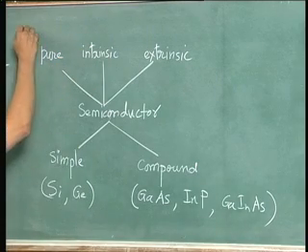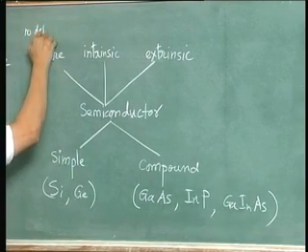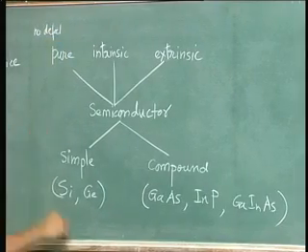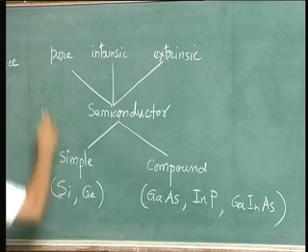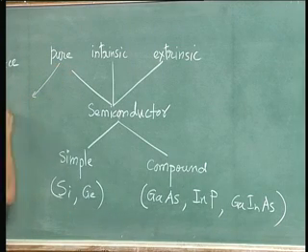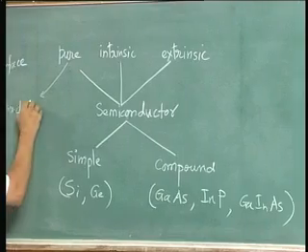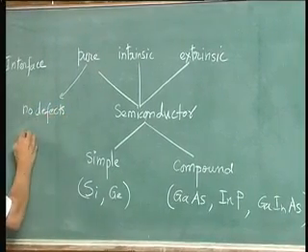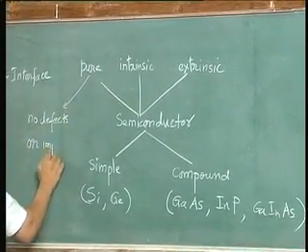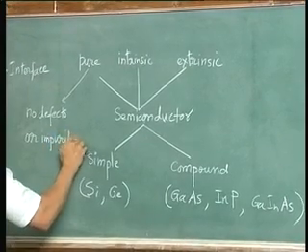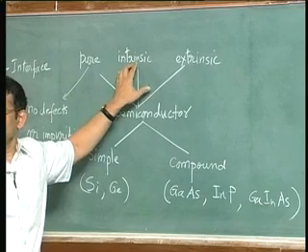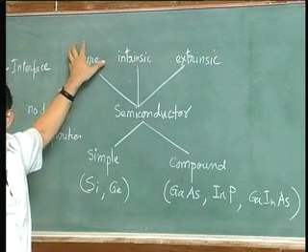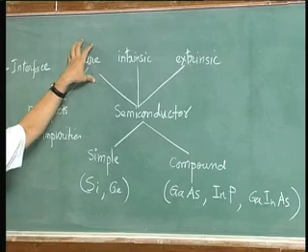So pure semiconductor means no defects or impurities. Intrinsic may contain defects and impurities, but the concentration is the same as that in a pure semiconductor.